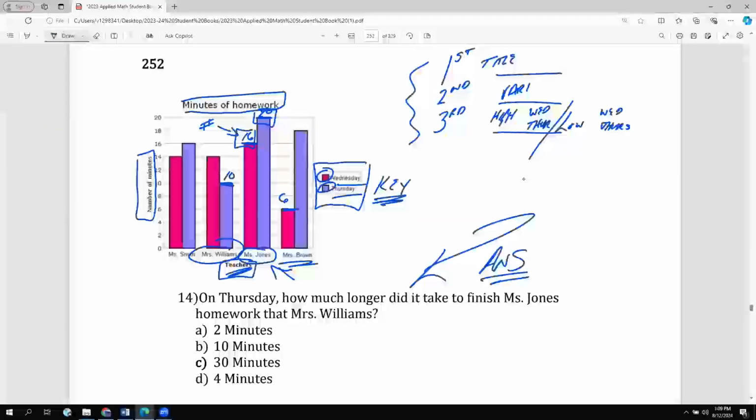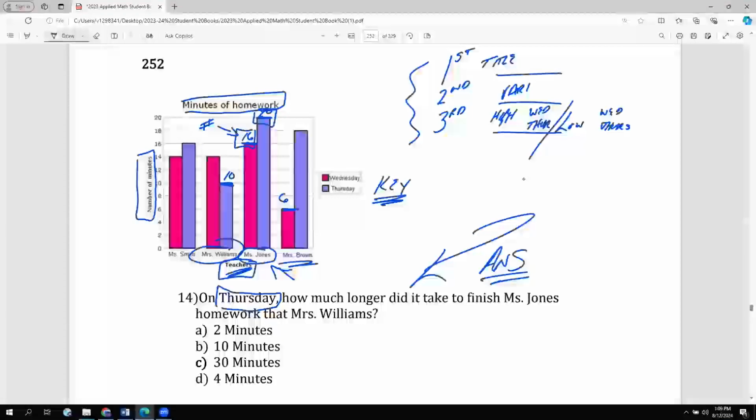All right, did you come up with one? All right, I'm going to take a look at it. It says on Thursday, how much longer did it take to finish Miss Jones' homework than Mrs. Williams? Okay, as you can tell, we're looking at Thursday. Because we're looking at Thursday, you have to be careful about which bar you're looking at, remember? The red bar represents Wednesday.